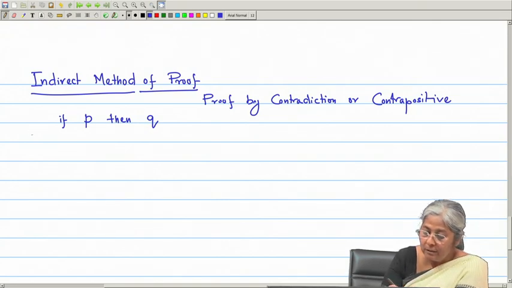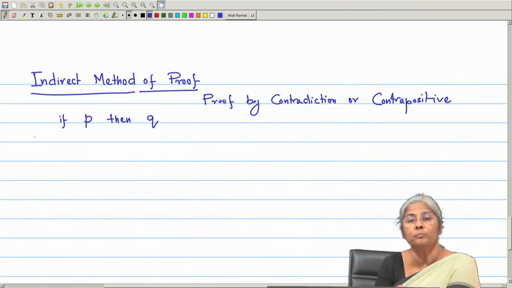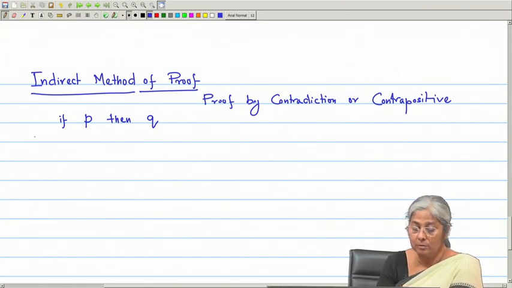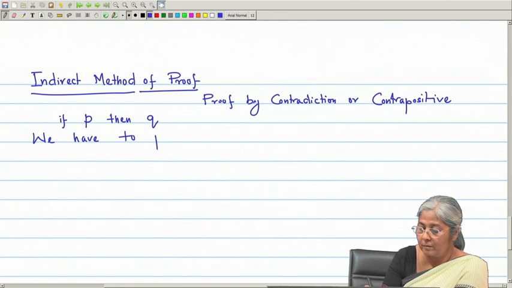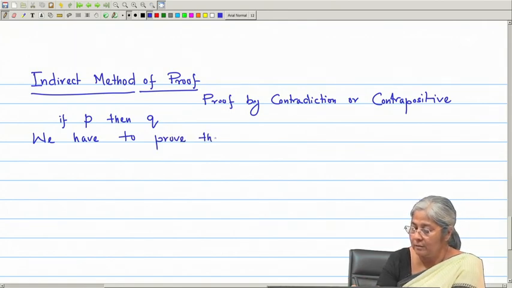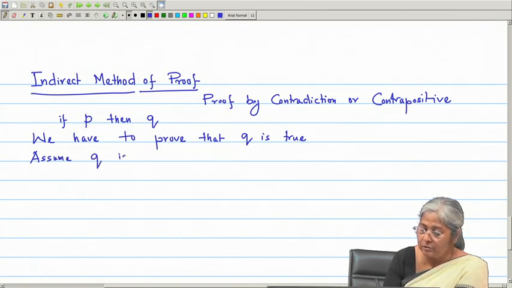Now, here we assume that, because we have to prove that Q is true, we assume Q is false.